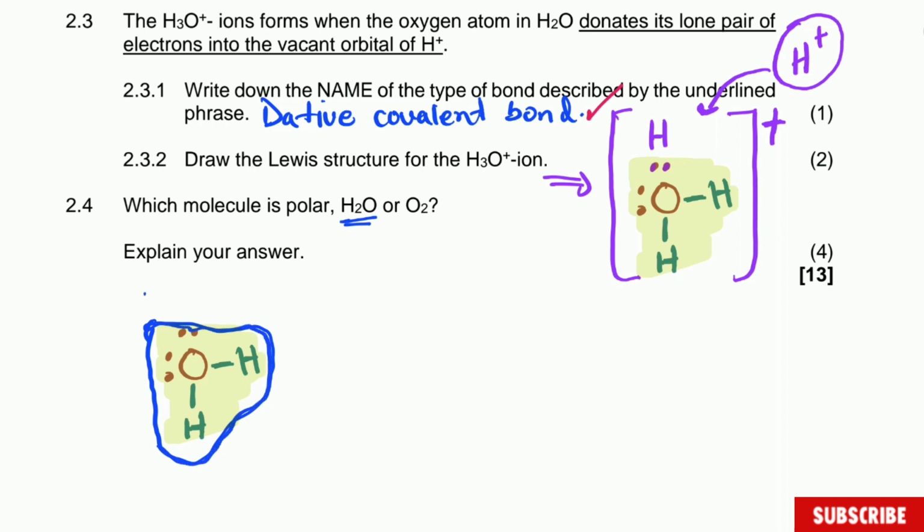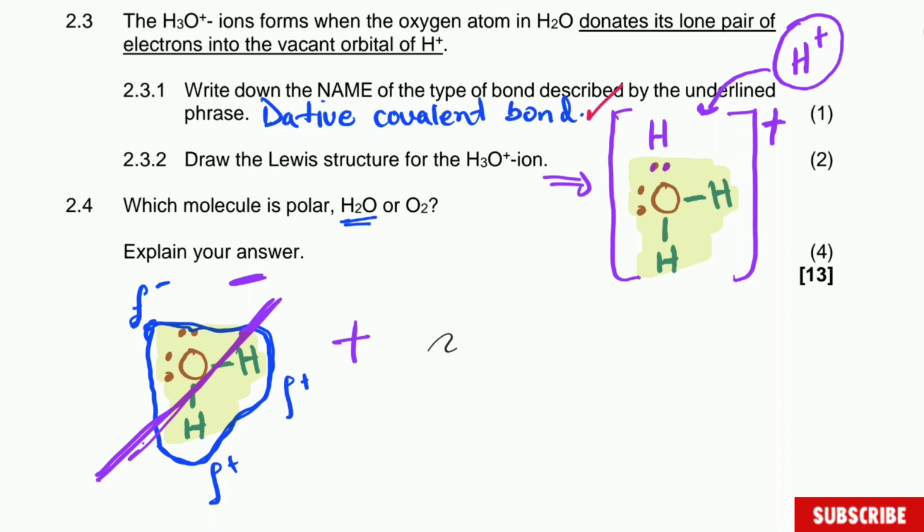All this side here will be slightly more negative than the other side, and all this side here will be slightly positive. It doesn't mean that this hydrogen is more positive than the oxygen, but it has less electron around. All the electrons will be pulled towards the oxygen because of the electronegativity. If this molecule can be divided in two, for instance in this division there, you can have one side that is positive and one side that is negative, and therefore the molecule is a polar molecule.